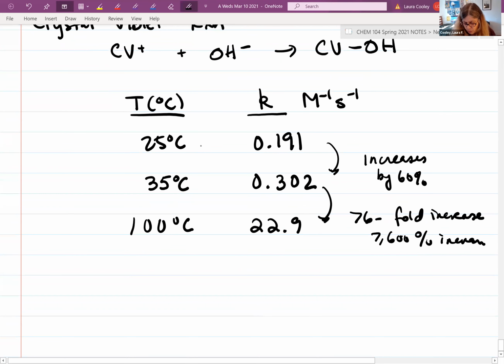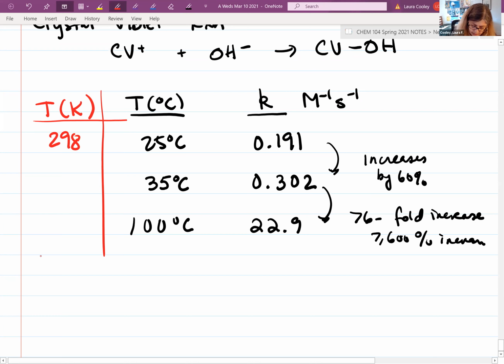Now that seems like a really big change in temperature, but we don't use temperature in degrees C. Degrees C doesn't have an absolute zero. We use the temperature in the degree we call Kelvin, and we've used that in this class before. So 25 is 298 Kelvin. 35 is 308. 100 is 373.